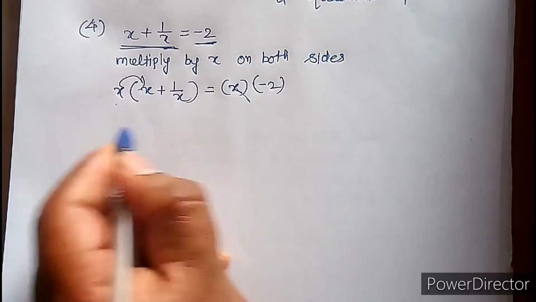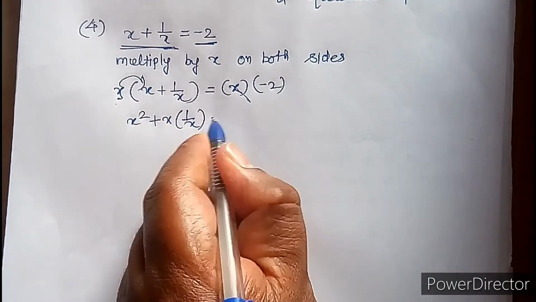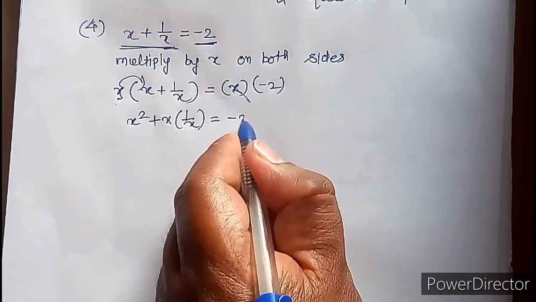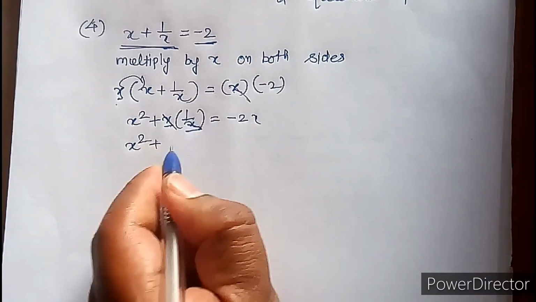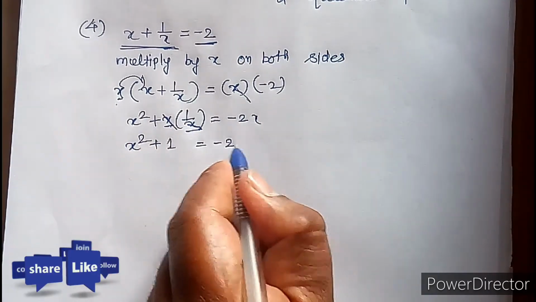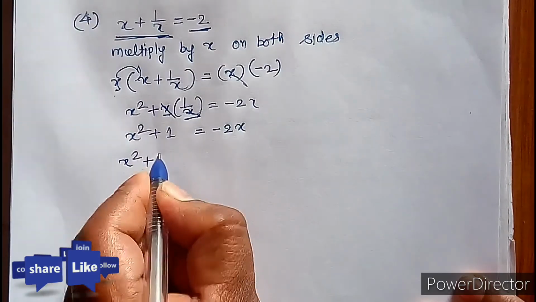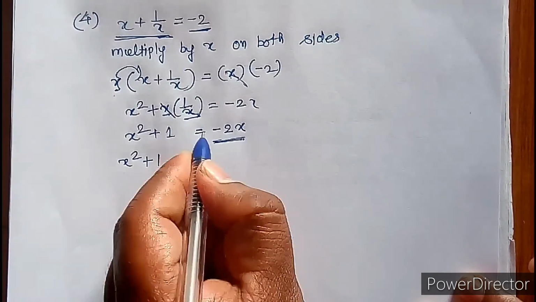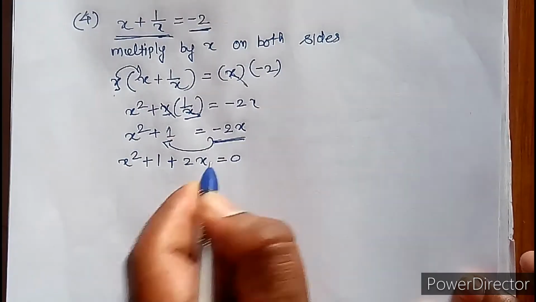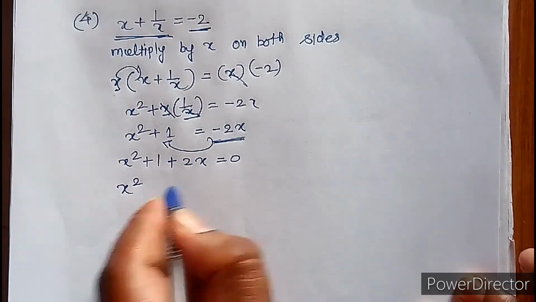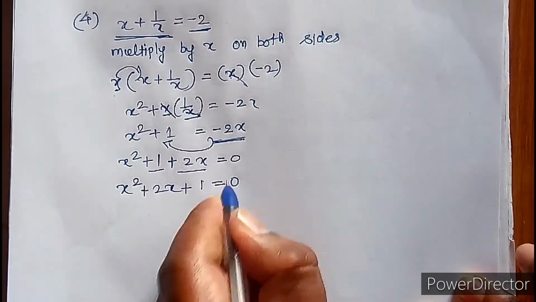Now x into x is x square plus x into 1 by x equals x into minus 2, that is minus 2x. Here x square plus x and x get cancelled, only 1 remains, equals minus 2x. Now x square plus 1 as it is, minus 2x is shifted to the left-hand side and becomes plus 2x equals 0. Now it can be written as x square plus 2x plus 1 equals 0.